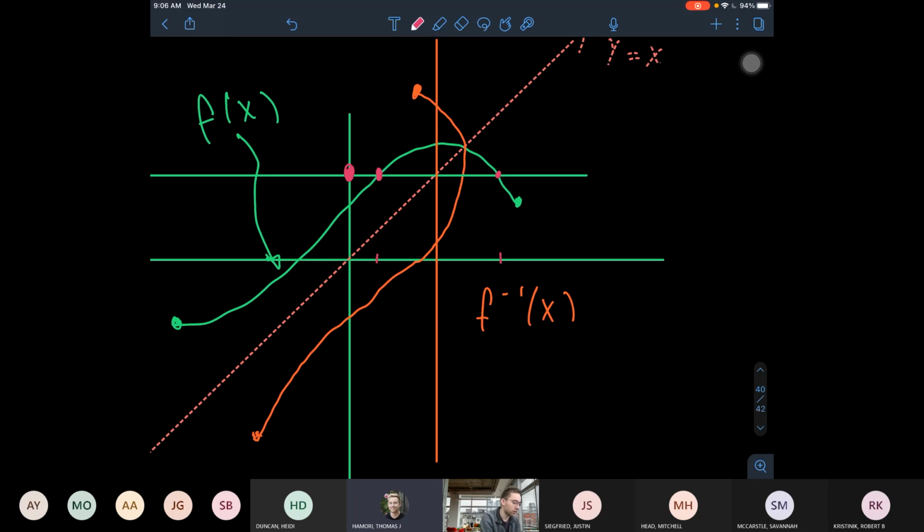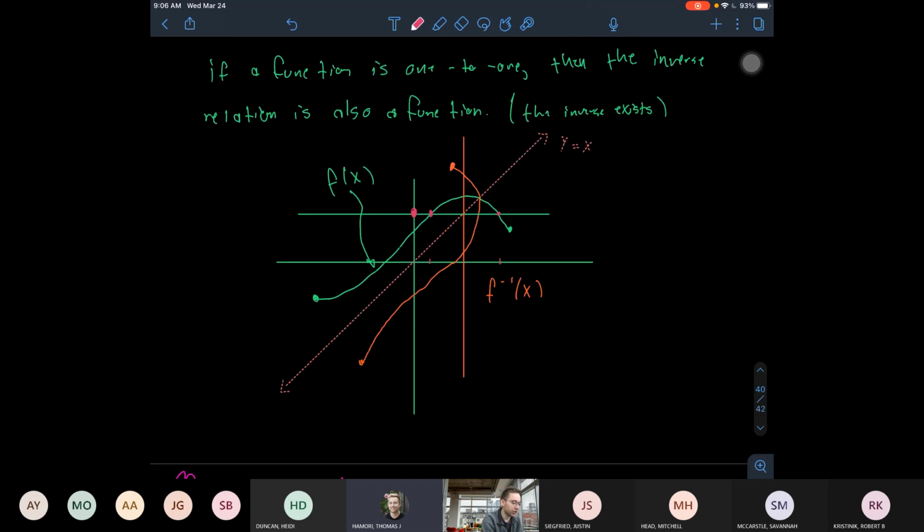Wouldn't the inverse pass the horizontal line test? Yes. The inverse function would pass the horizontal line test. It is one-to-one, but it's not a function, because it fails the vertical line test. So an inverse function exists if your original function is both a function and one-to-one.